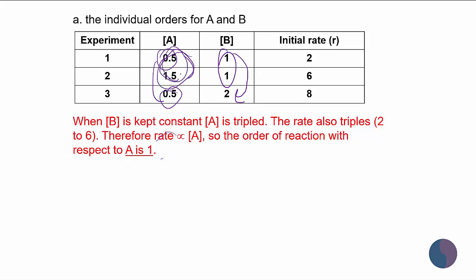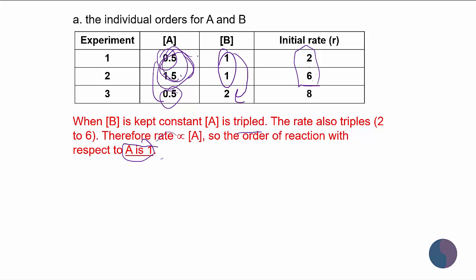When you keep B constant and you triple A, so it's gone 3 times higher, you get 2, 4, 6, then you get tripling of the rate as well. So that's first order: doubles, triples. So we know that with respect to A, the order is 1, not 0, not 2.